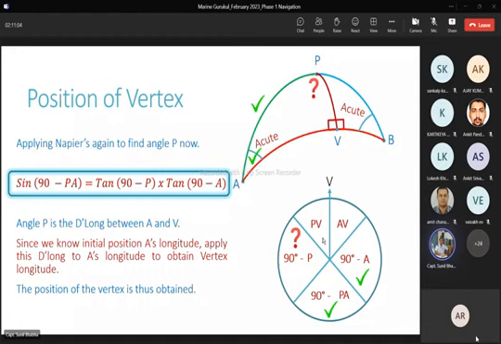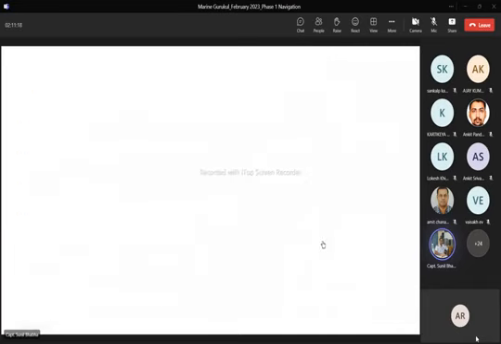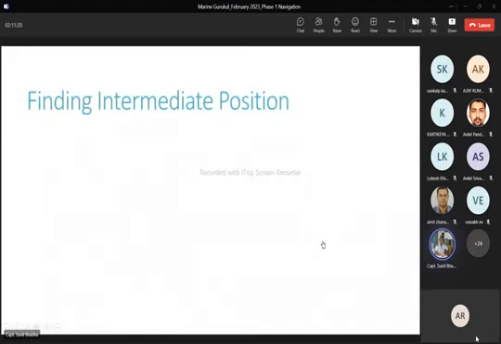So now we have calculated the position of the vertex, and we are now going to use this to find intermediate positions. Once the position of the vertex has been obtained, it becomes easy to find the intermediate positions.